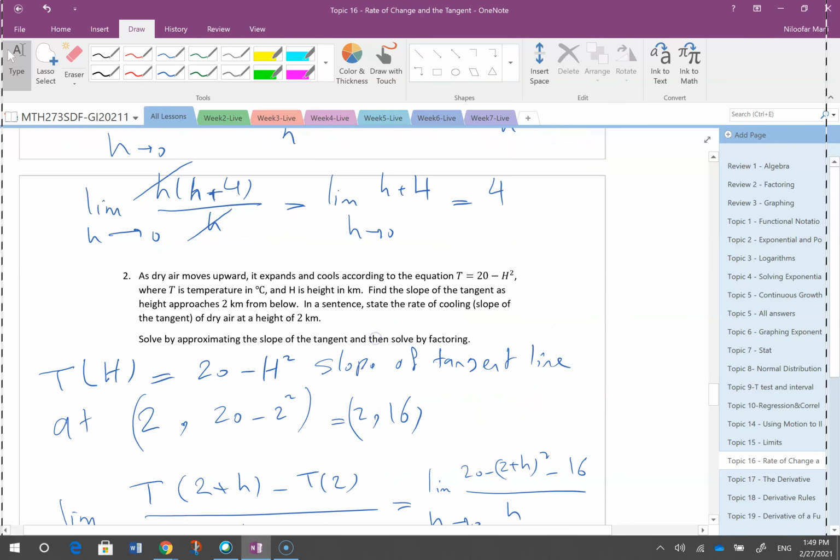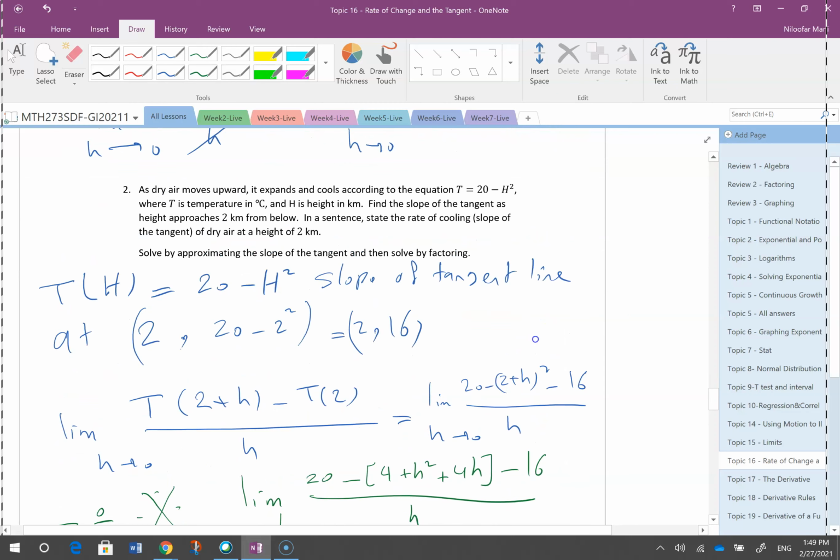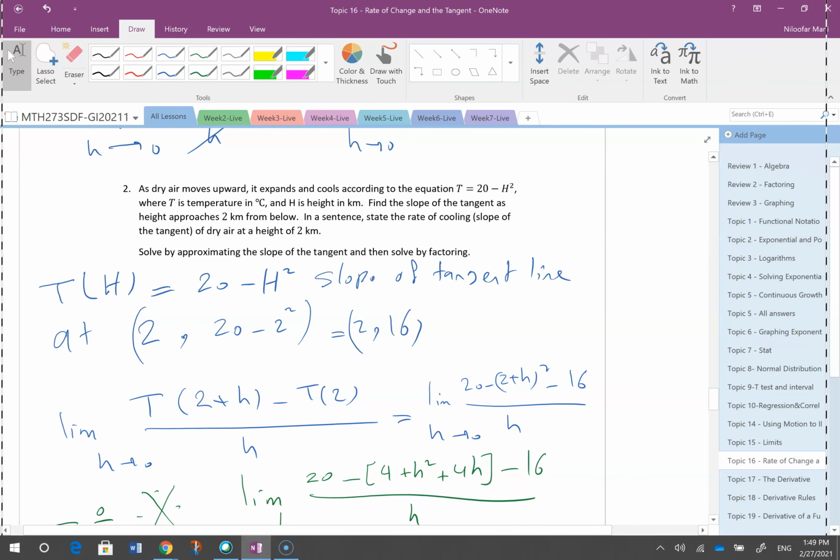So the slope of the tangent line for this function at this point, which is 2 kilometers, is minus 4. Here the question wants you to start from something close and just approach, but I don't recommend that, because you already know how to find the answer.